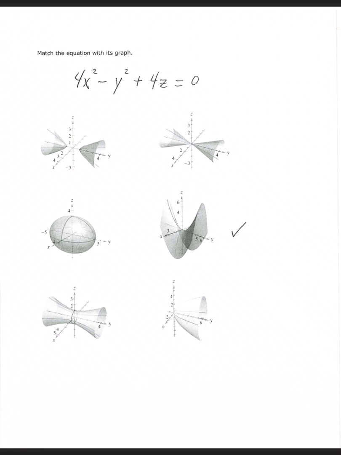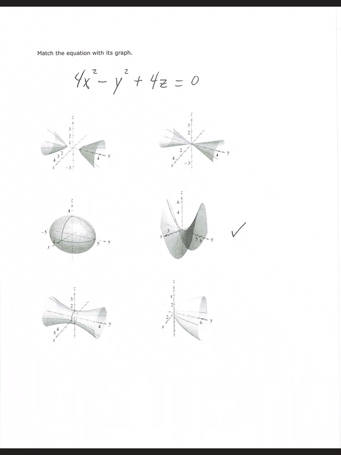The way you tell the difference is you isolate the variable that only has a power of 1. Once you've isolated, then you will be looking for a plus or a minus sign between the two variables that are on the other side.